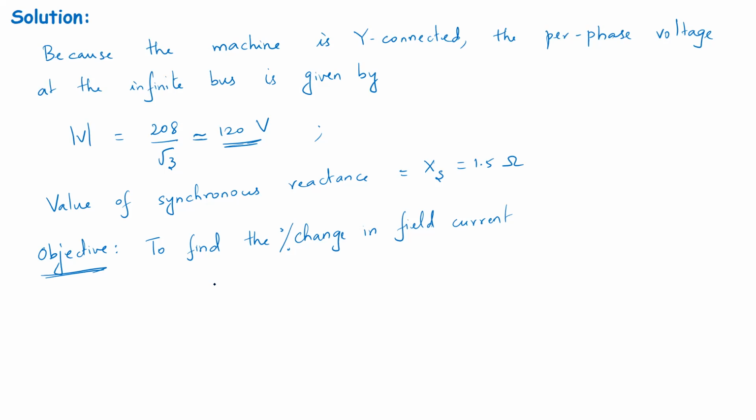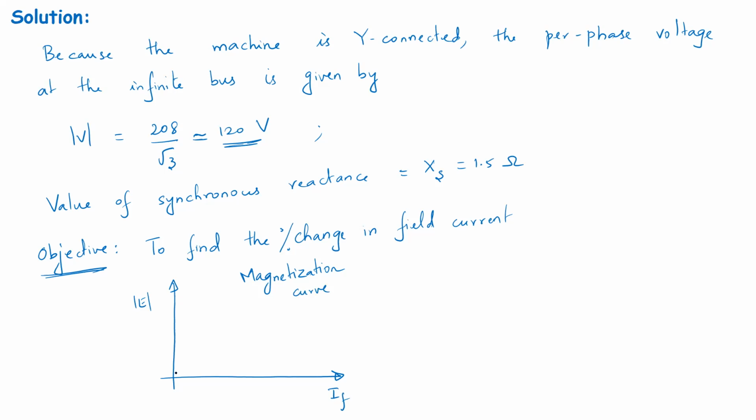Now, we know that for any synchronous machine, there is something called an open circuit characteristic curve, which is also commonly called the magnetization curve. So if I sketch the generic magnetization curve, this is a curve that is plotted between the magnitude of excitation EMF E and field current IF.